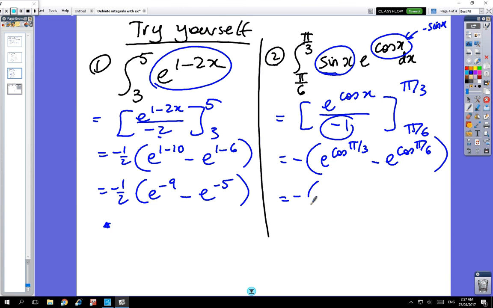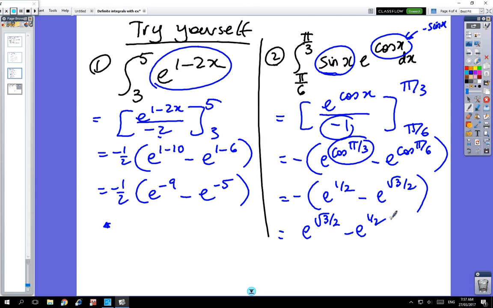Cos of pi on 3 is a half, minus e to the root 3 on 2, and just leave it like that. Or, because it's a minus sign, you could just change these numbers around. And that's it. Hopefully that gives you an idea of what some questions might look like for this area. Thanks.